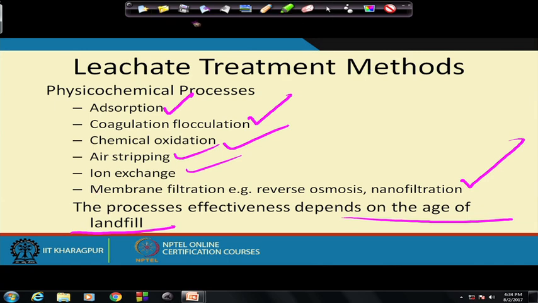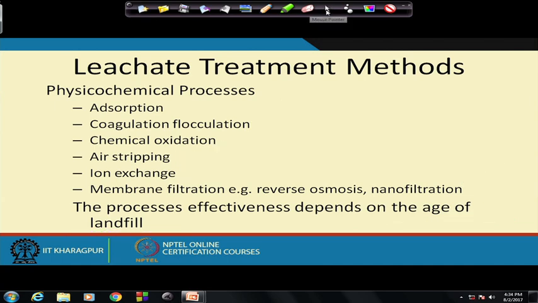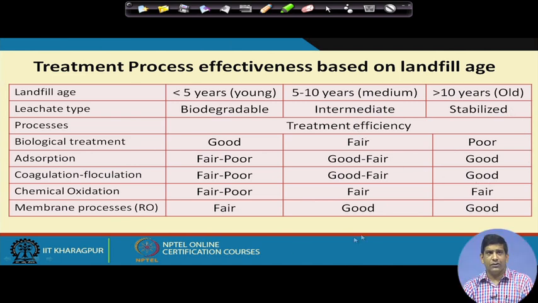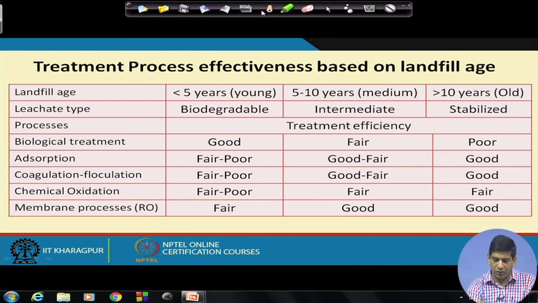We will try to compare which one will work well for what. If you look at the treatment process effectiveness based on landfill age and leachate type: if it's less than 5 years, it's a young landfill, with a young leachate that has many biodegradable components.